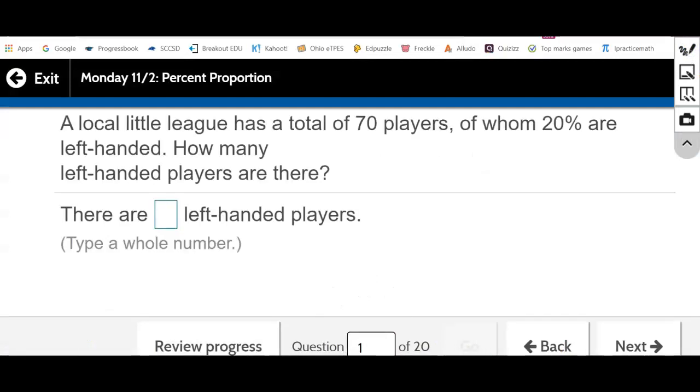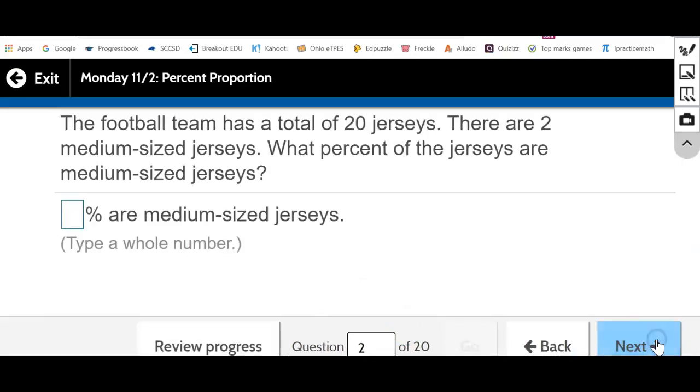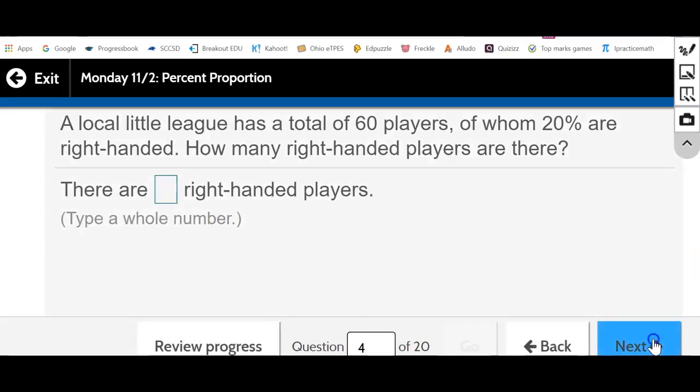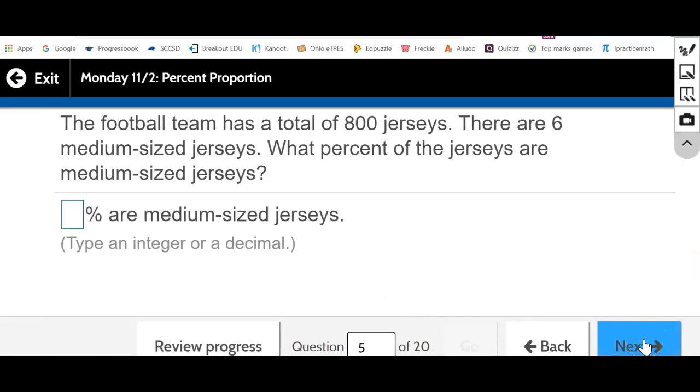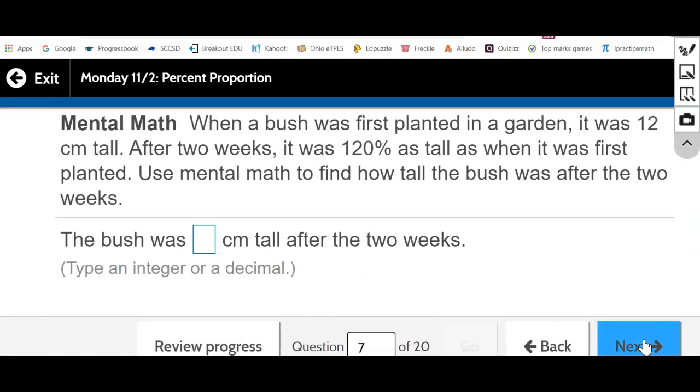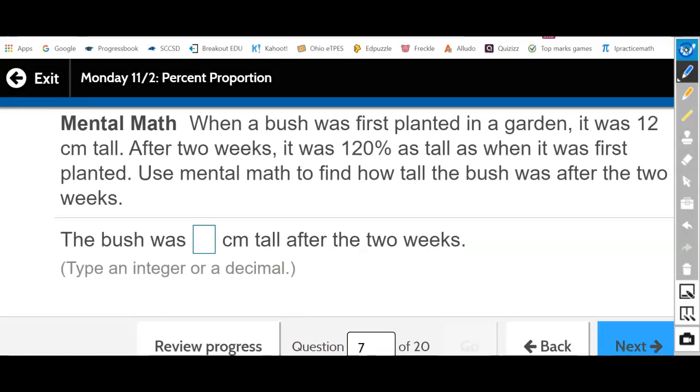We're also going to be dealing with percents greater than 100. So let me find one, and then we'll go through and do some of these. Okay, so percents greater than 100. First of all, you have to understand how percents work. 100% means one whole, correct?